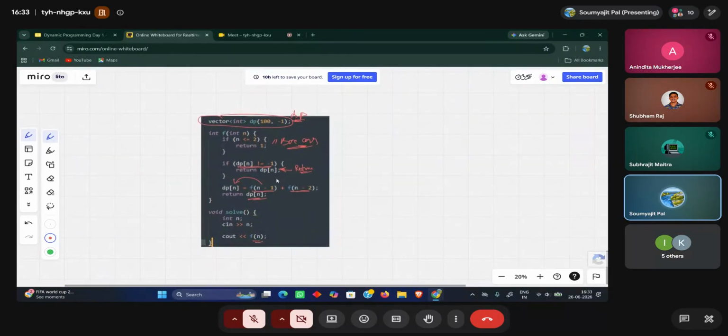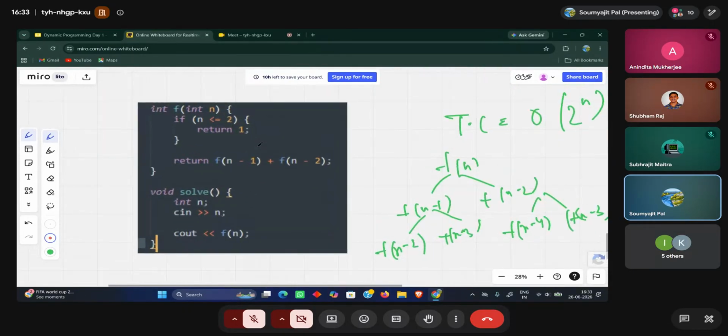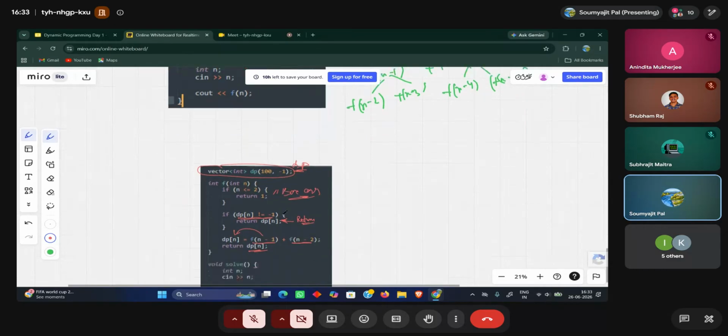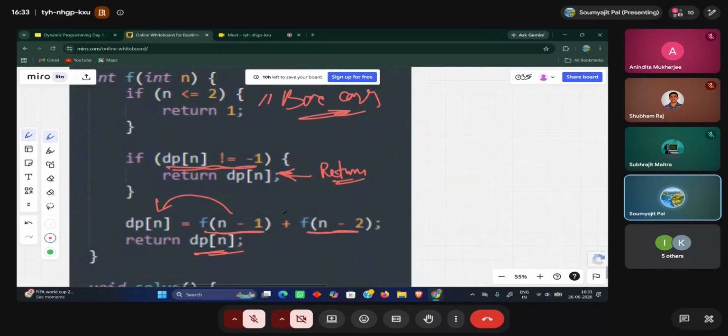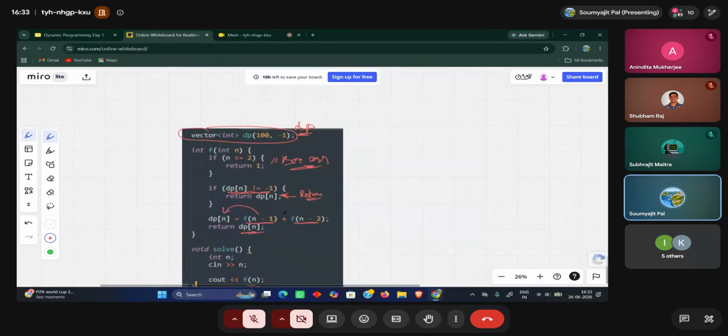In this way, we are not always calling Fn minus 1, Fn minus 2 in all the cases, but having a check function. Whatever I have at Fn, we are going to Fn minus 1, simple recursion.